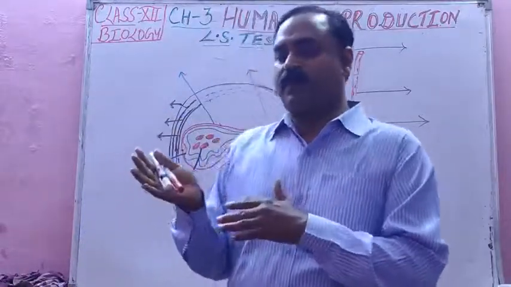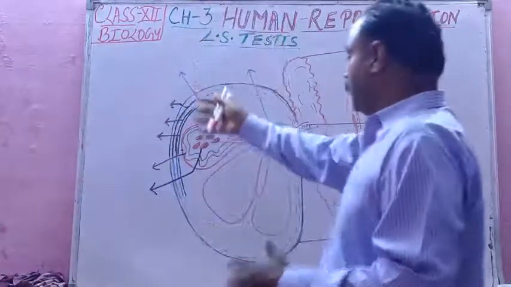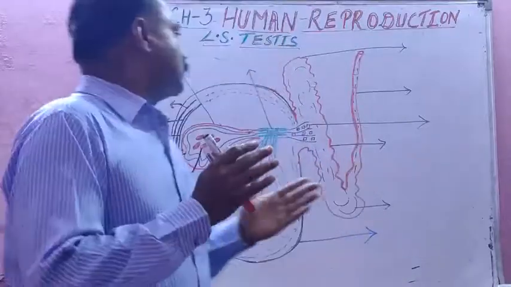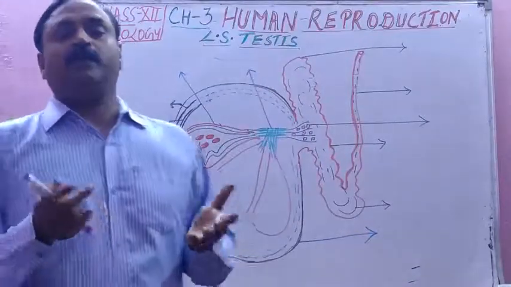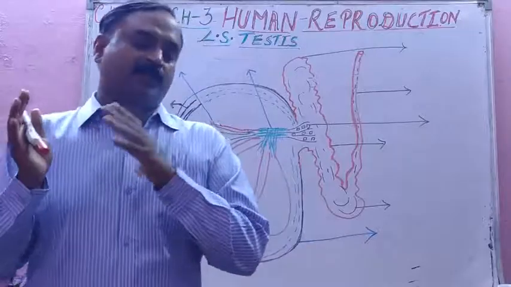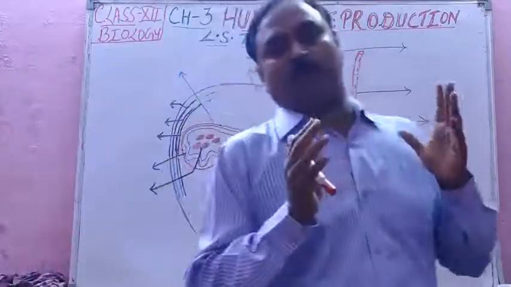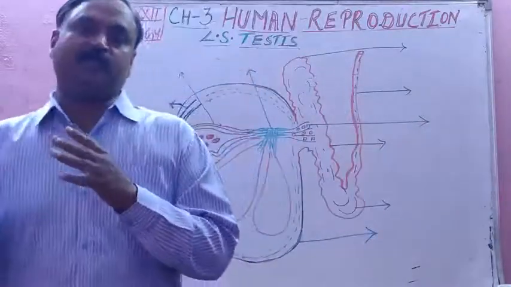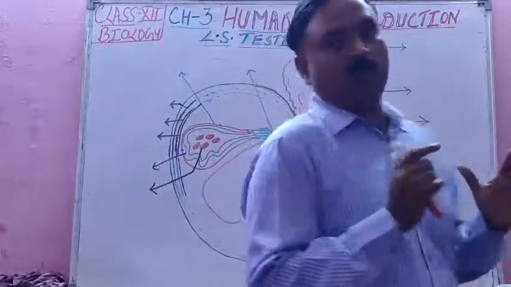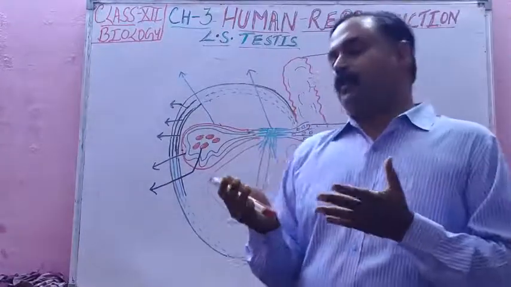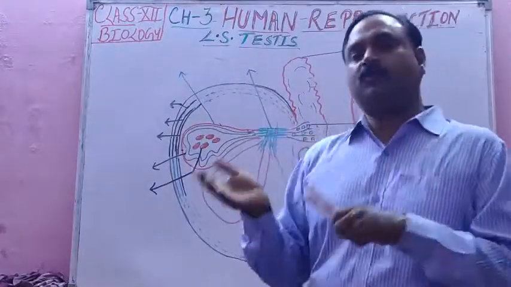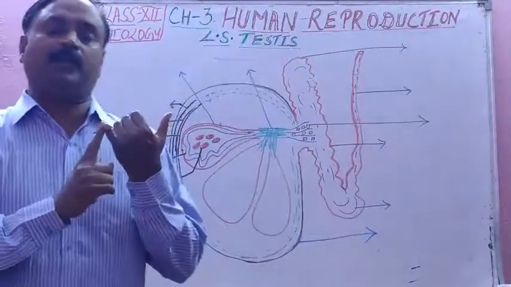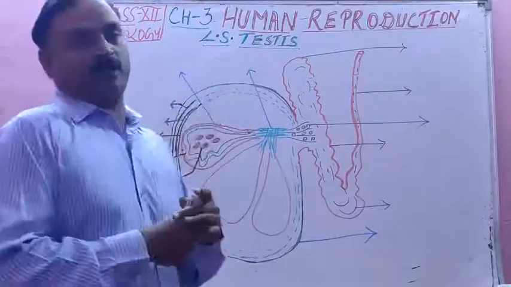In male, we have to study LS of testes, TS of testes, then section of ovary, then the very important structure of ovum, structure of sperm or spermatozoa, then production of sperm called spermatogenesis, production of ovum called oogenesis, then hormonal control of spermatogenesis, oogenesis, hormonal control of menstrual cycle, and ultimately embryogenesis.